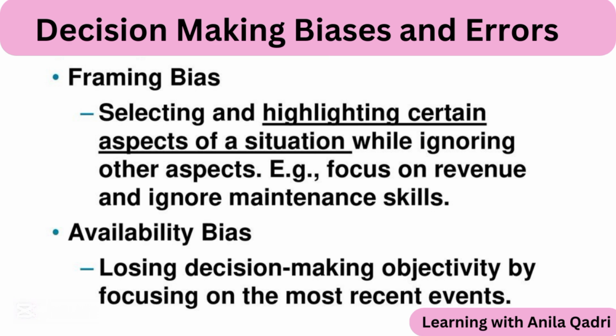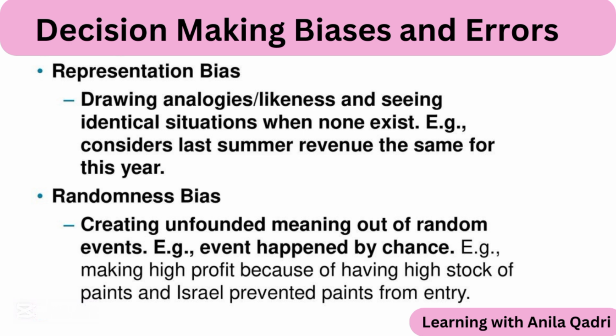Availability bias: losing decision-making objectivity by focusing on the most recent events. Representation bias: drawing analogies, likeness, and seeking identical situations when none exist. For example, considering last summer's revenue the same for this year.